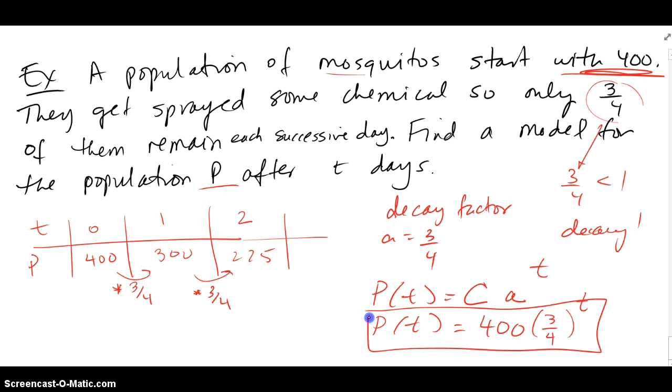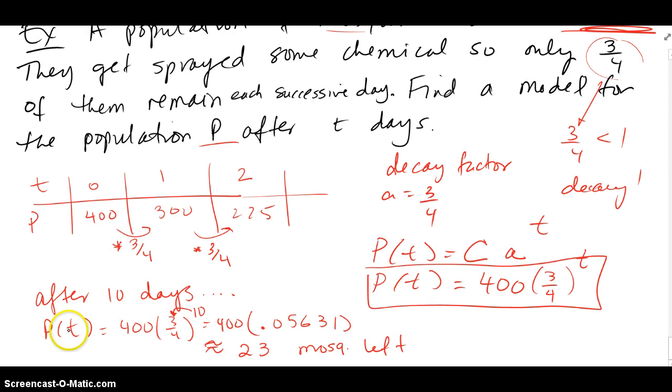So if they ask me how much is left after 10 days, I could just plug in a 10, for example. So after 10 days, if I plug in 10 for my t, I'll raise 3/4 to the 10 first on my calculator for order of operations. I get some decimal, I carry some digits, multiplied by 400, and I have approximately 23 mosquitoes left after 10 days.